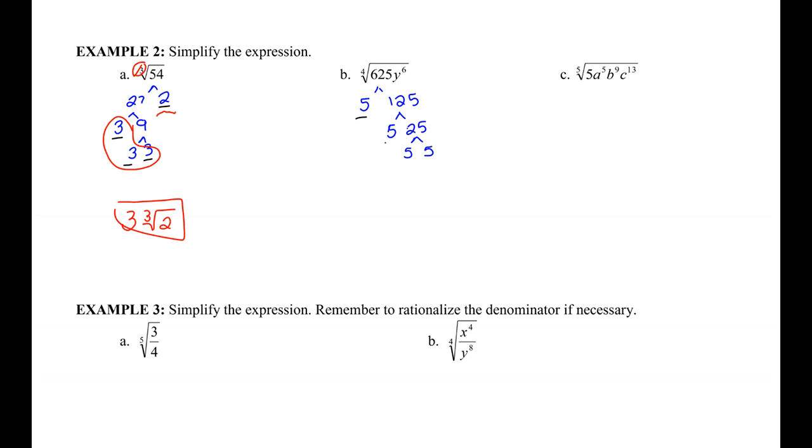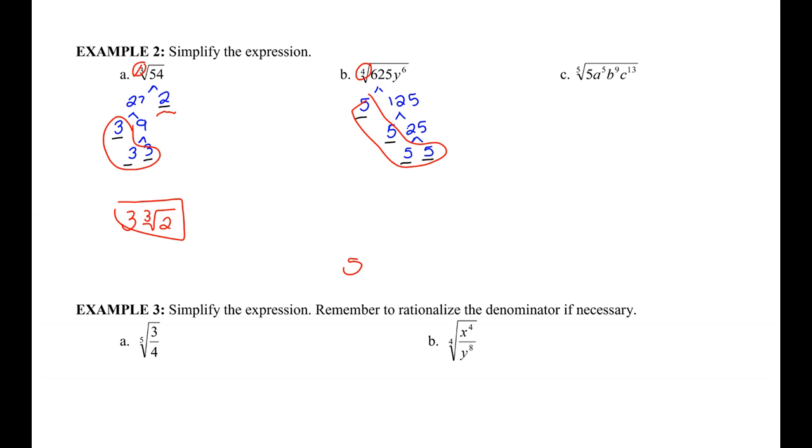So I'm using the bottom of my trees and because this is the fourth power, I'm looking for 4 of the same number. So we have 4 5s, so we know that those are all going to come out. So I'm bringing out a 5.